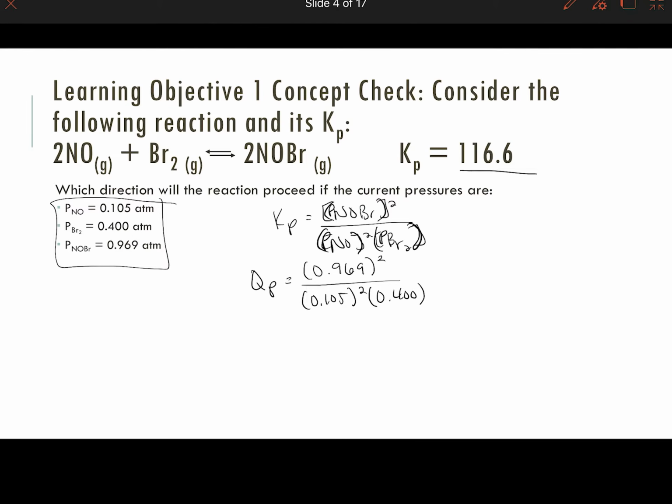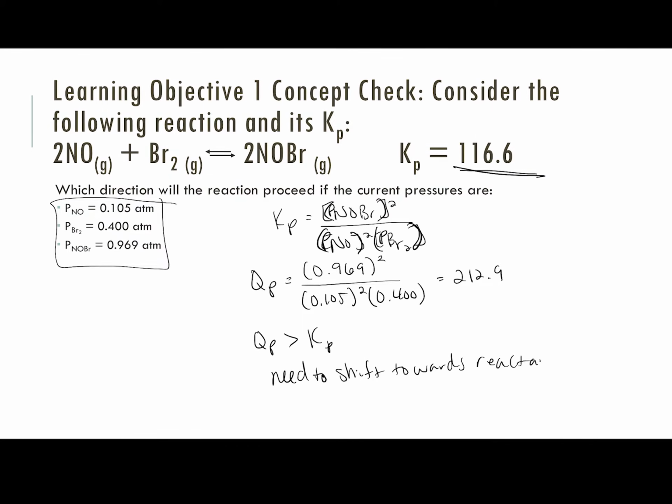When we solve for that, we get a Qp value of 212.9. So our Qp value would be greater than our Kp value of 116, which means we need to shift towards our reactants. Our problem right now is we have too many products. Our Qp is larger than our Kp.